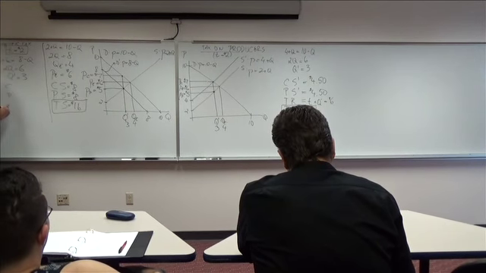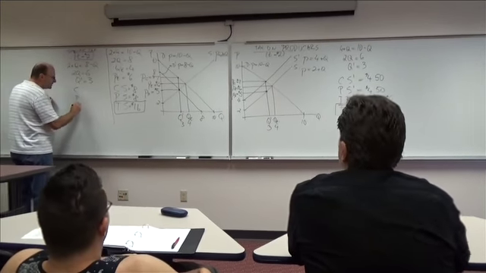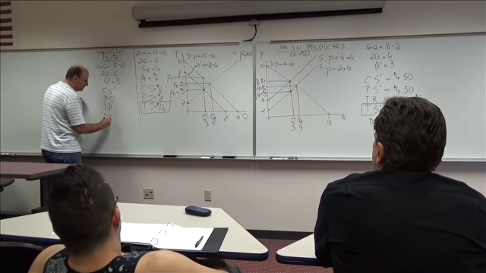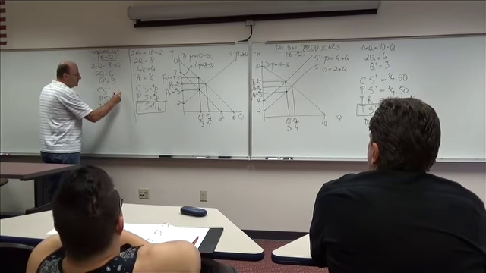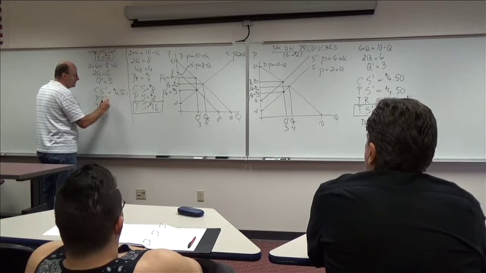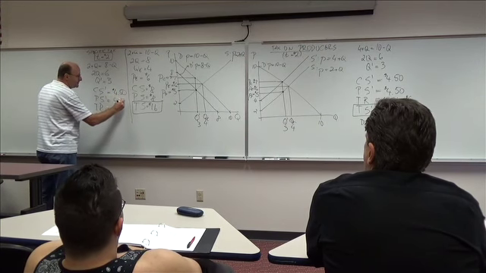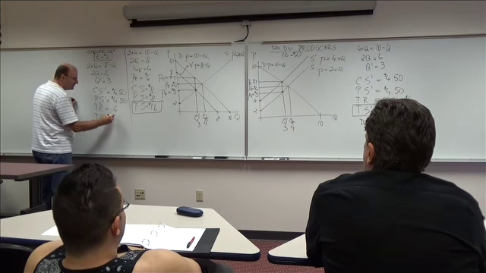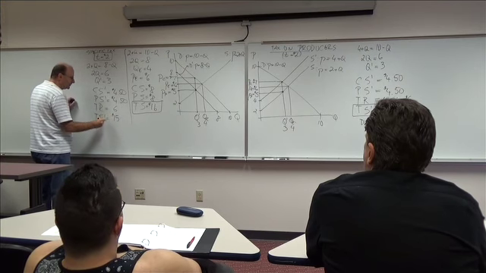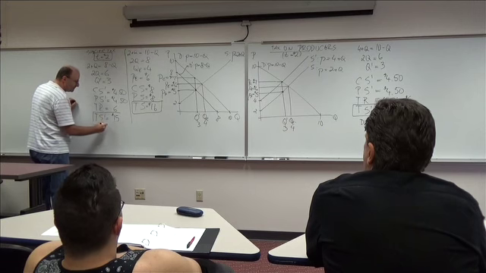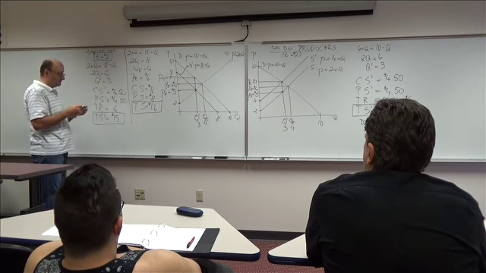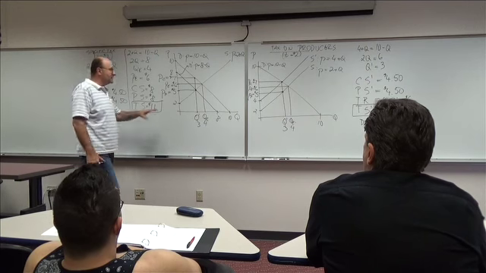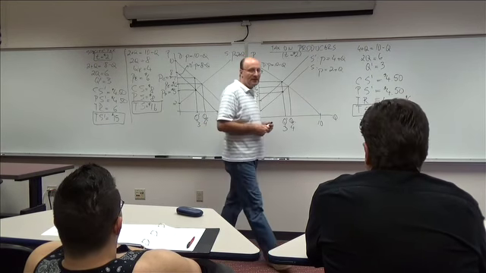Consumer, producer, total surplus, tax revenue. $4.50, $6 tax revenue, $15 total surplus. Okay? And we have a complete description of the effects of specific tax on that market.